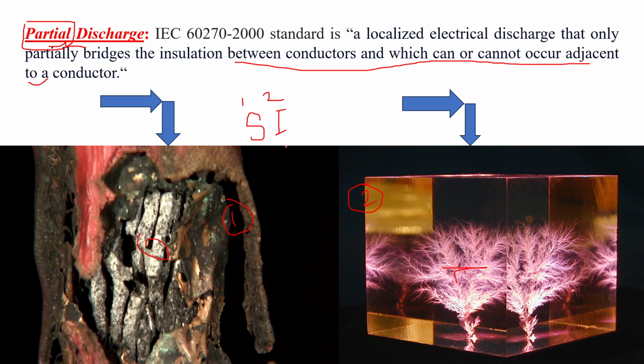The surface discharge takes place along the surface of the insulation and is visible as a tiny spark or corona discharge, whereas the internal discharge occurs within the insulation material itself and is not actually visible. So surface means partial discharge occurs on the surface, and internal means it occurs within the insulation material.